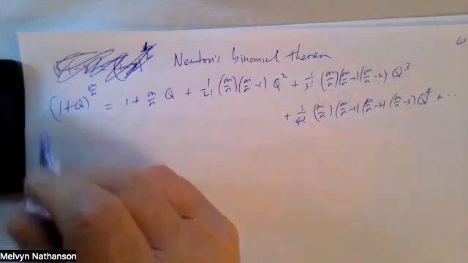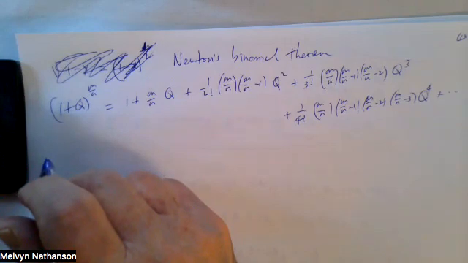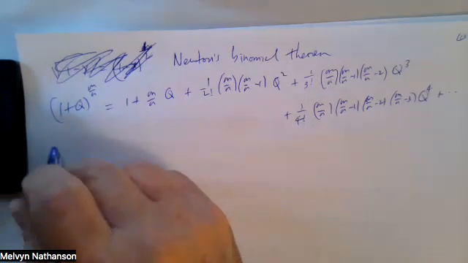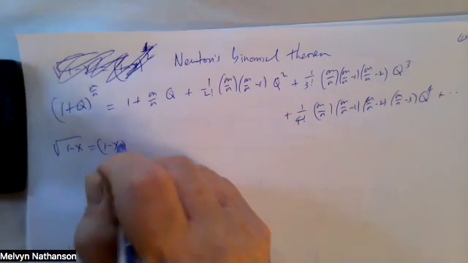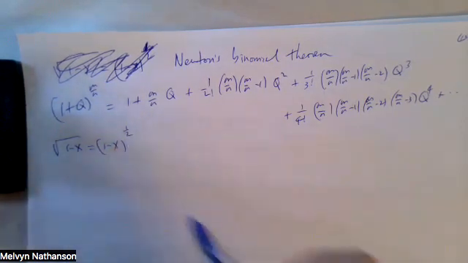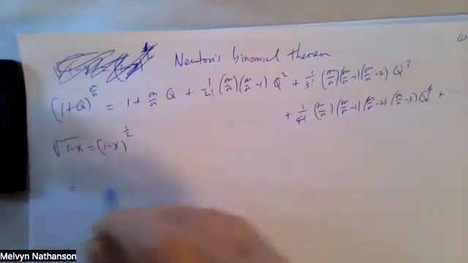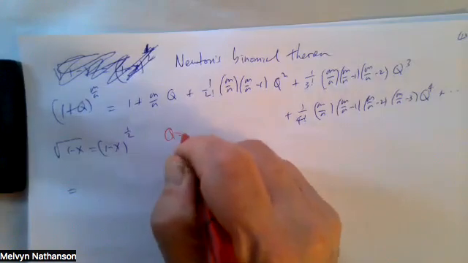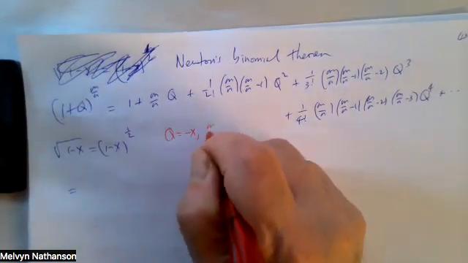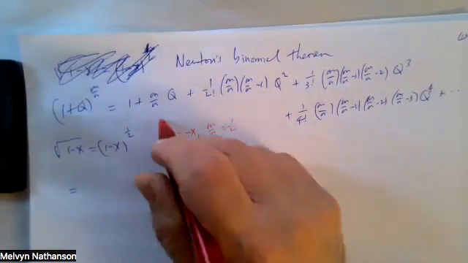And we're interested in expanding the square root of 1 minus x, which is 1 minus x to the power of half. So in this case, q is minus x, m over n is a half.